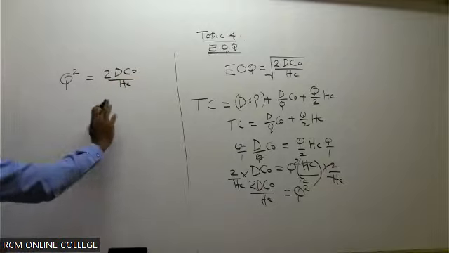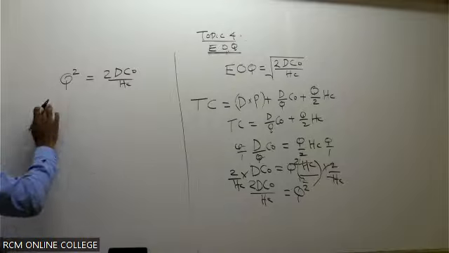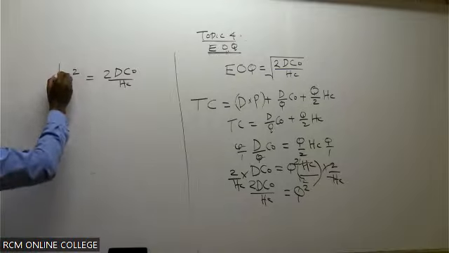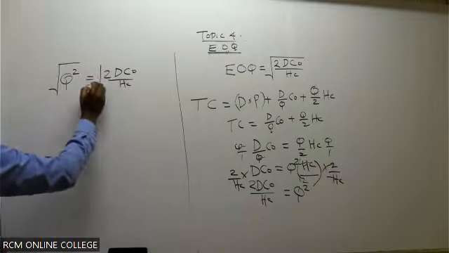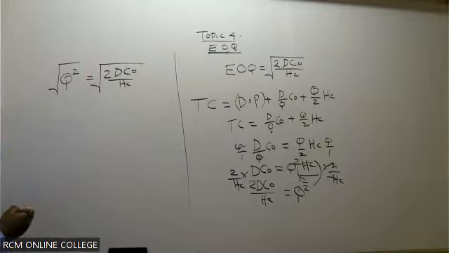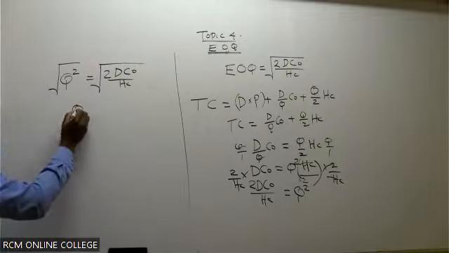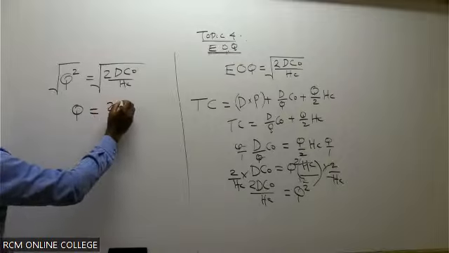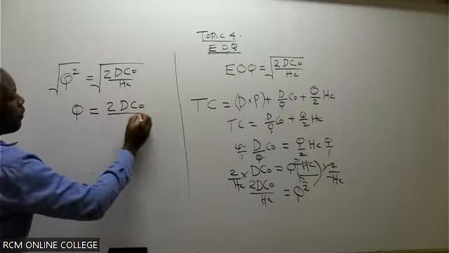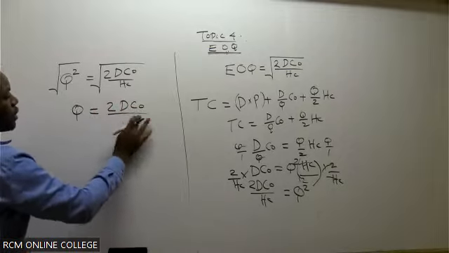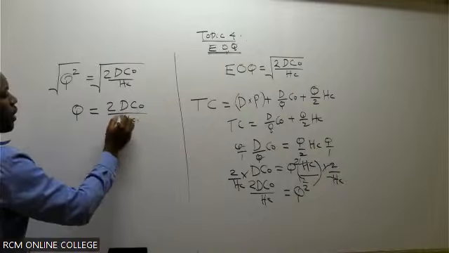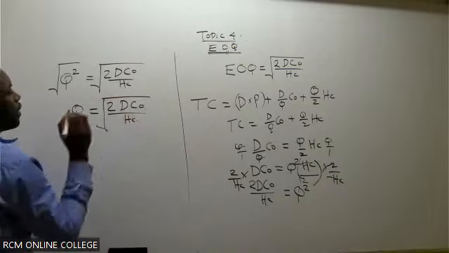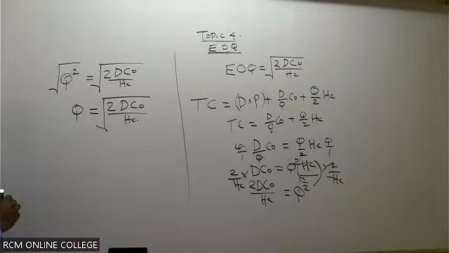Remember, my interest is to get Q, not Q squared. So what do I need to do? I need to get the square root of everything, making Q equivalent to the square root of 2DCO over HC. Once that is done, I'll be able to get this Q here.